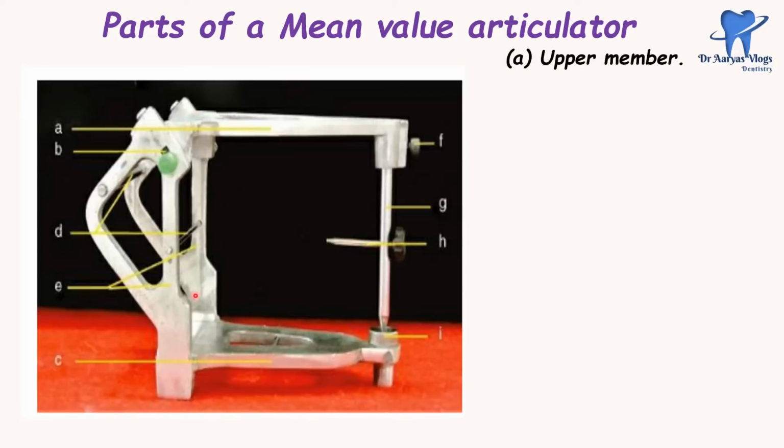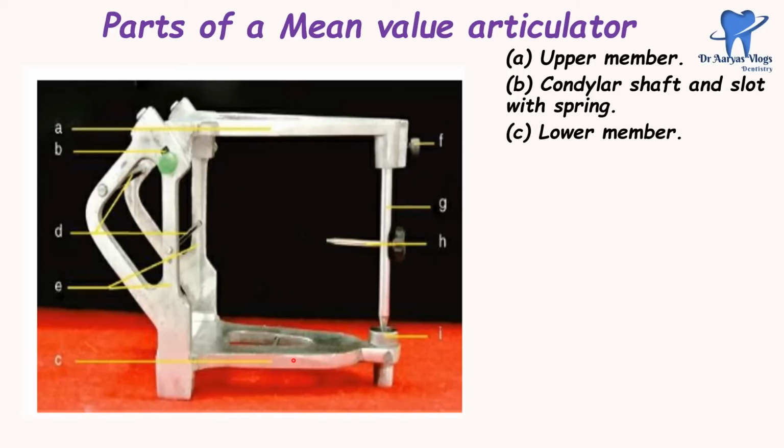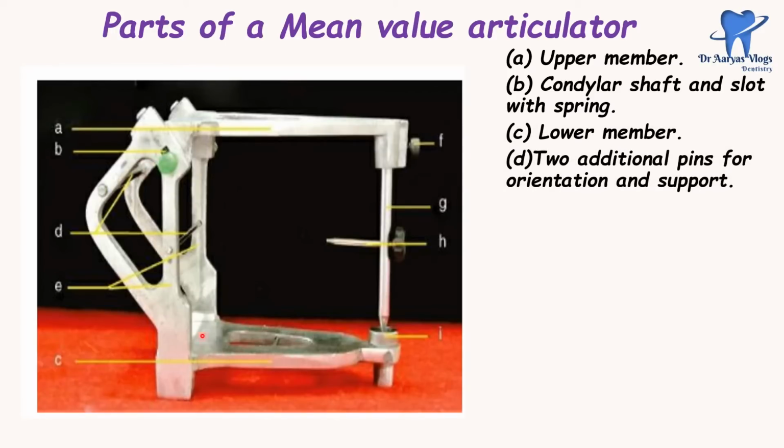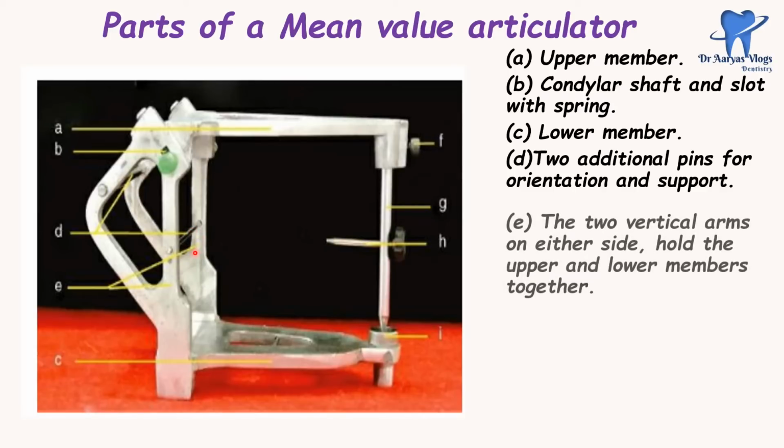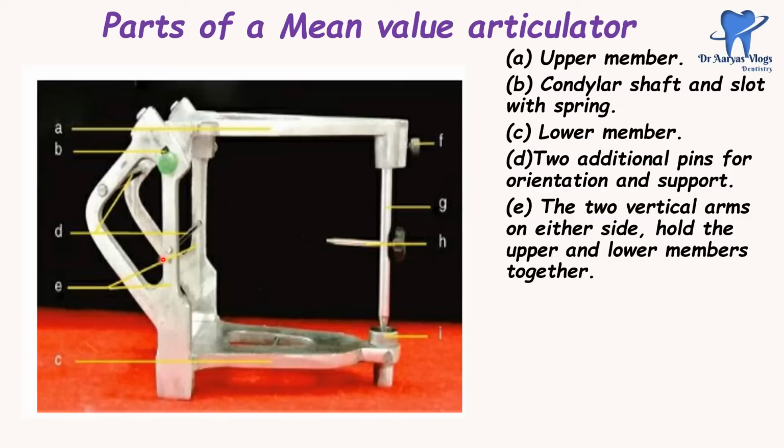This one is the upper member. Here, this is the condylar shaft and the slot with spring. This is the lower member. And these are the two additional pins for orientation and support. Then, these are the two vertical arms on either side which hold the upper and lower members together.